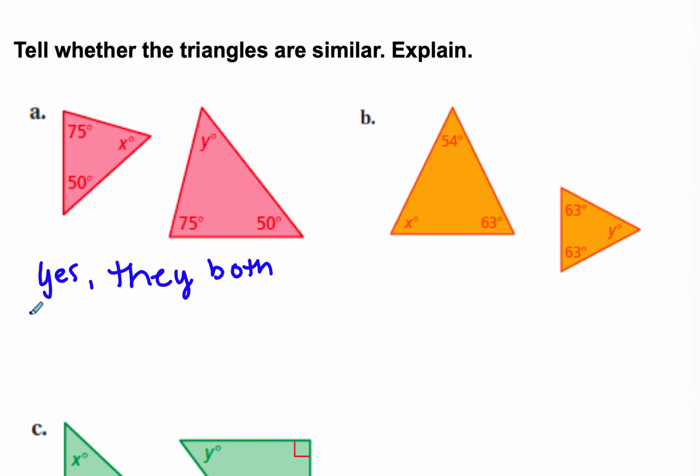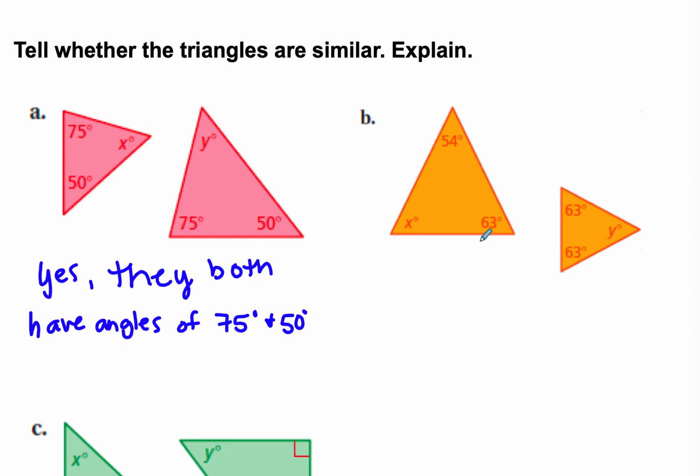They both have angles 75 degrees and 50 degrees. And if we did 180 minus these two, I would find out what X and Y would be, and they would be the same as well. This one didn't have any work to show. B does have work to show.